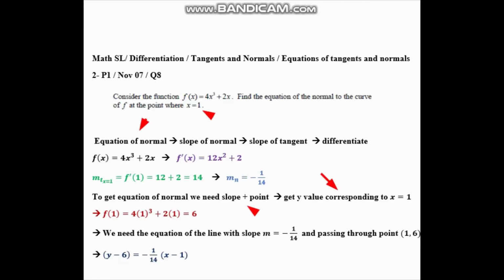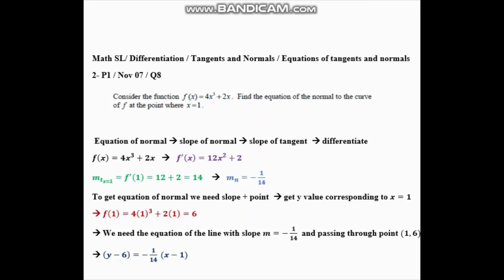So in order to get the y value, I simply plug the x value into the equation of the function. So I'm getting f of 1 here. So I remove x and I plug 1, so I get 4 times 1 cubed plus 2 times 1, which gives me 6. So the y value that corresponds to x equals 1 is 6.